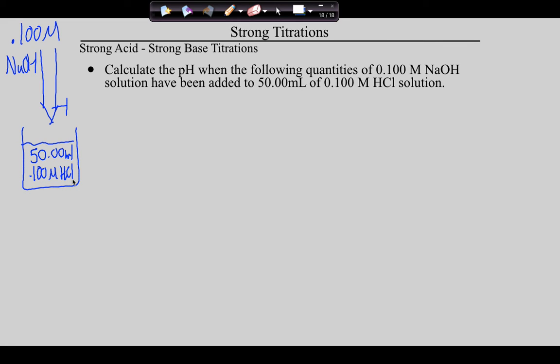So guys, question number 1 goes like this. Calculate the pH when the following quantities of sodium hydroxide, our titrant, have been added to the acid. So question number 1 is this: 0 milliliters of NaOH. What's the pH? Guys, the molarity of the acid is 0.1, right?